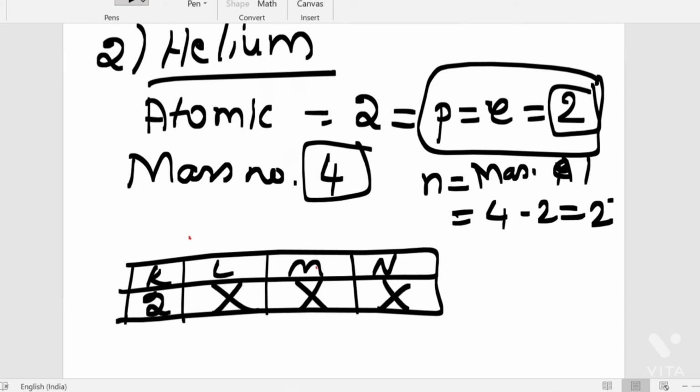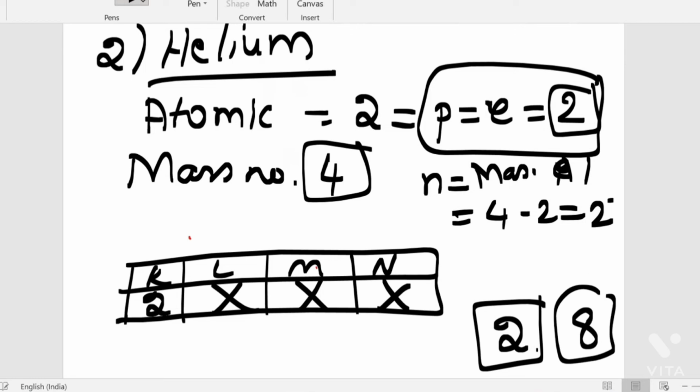So here 2 means if any atom, any element, has the atomic number as 2 or 8, these are called noble gases. So here helium is a noble gas which does not undergo any chemical reaction, does not donate any electron, and does not accept or gain any electron.